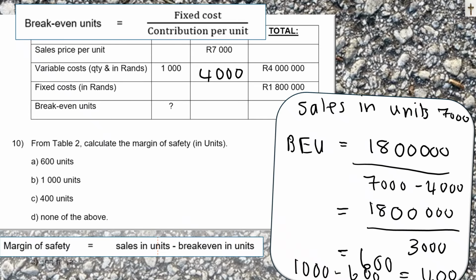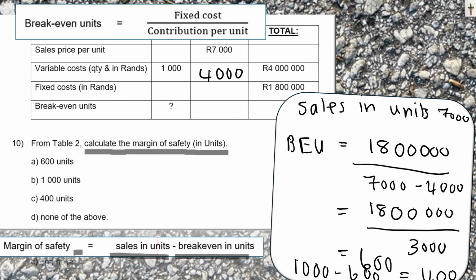Next one. It says here, from table 2, calculate the margin of safety in units. The margin of safety is sales in units minus the break-even in units.